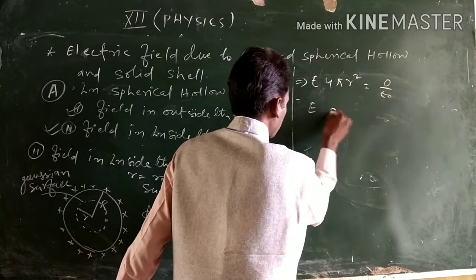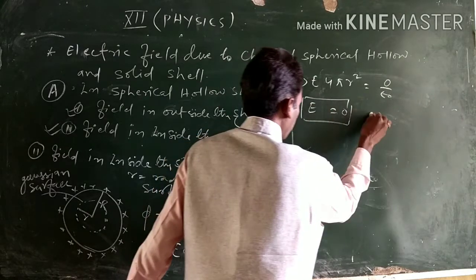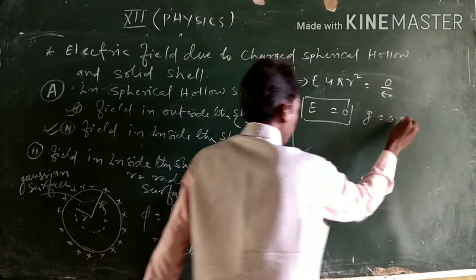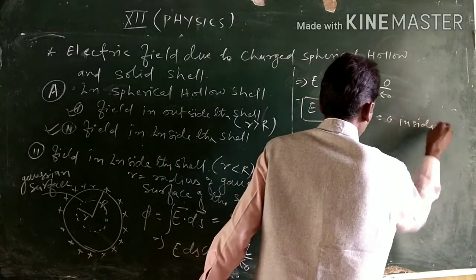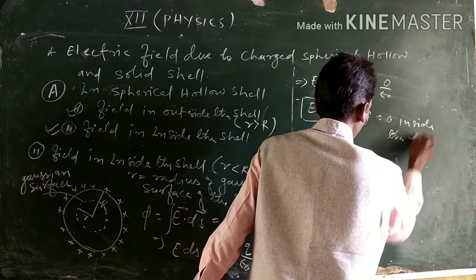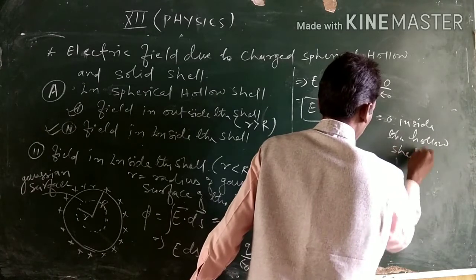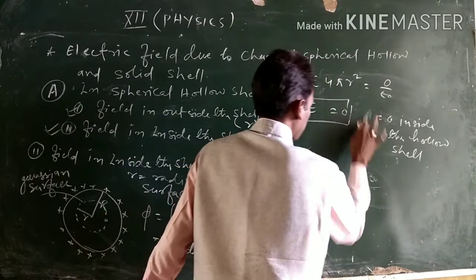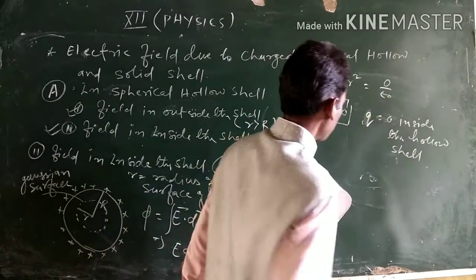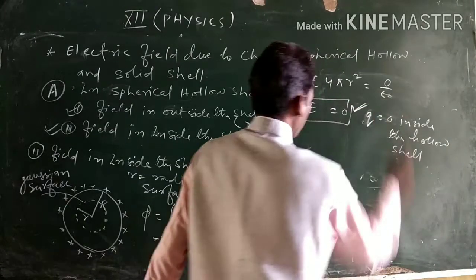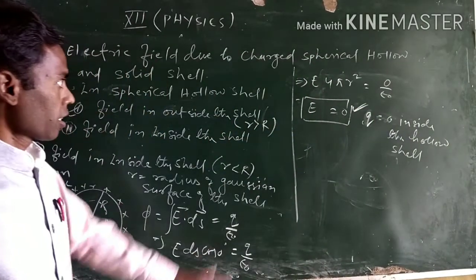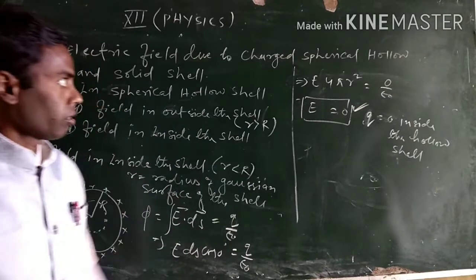That means the electric field will be 0 when Q is equal to 0 inside the hollow shell.